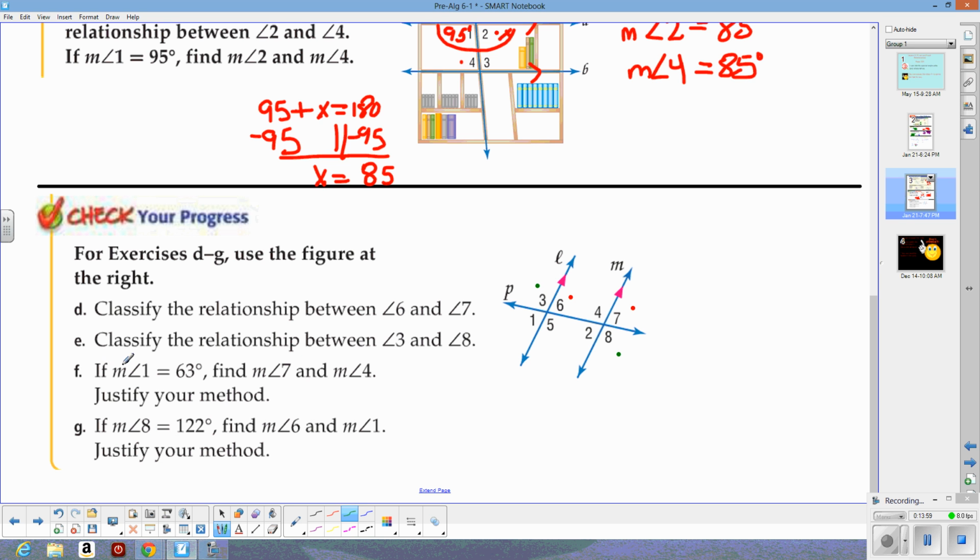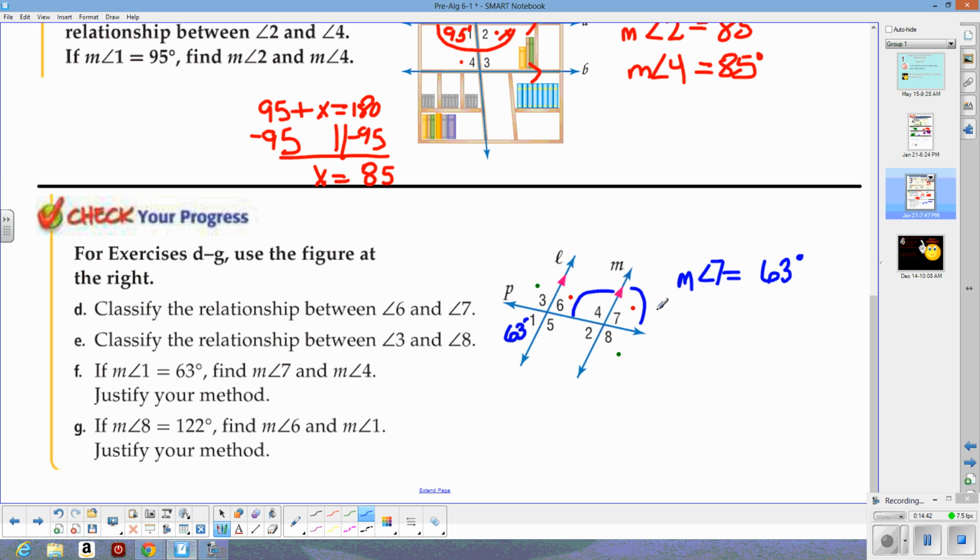Now part F says the measurement of angle 1 equals 63 degrees. I'm going to go ahead and write in 63 degrees. Find the measurement of angle 7 and angle 4. So I'm looking for this one and this one. And justify your method. Well, first of all, the measurement of angle 7 is going to equal 63 degrees because these two are alternate exterior angles, and they're going to be the same size.